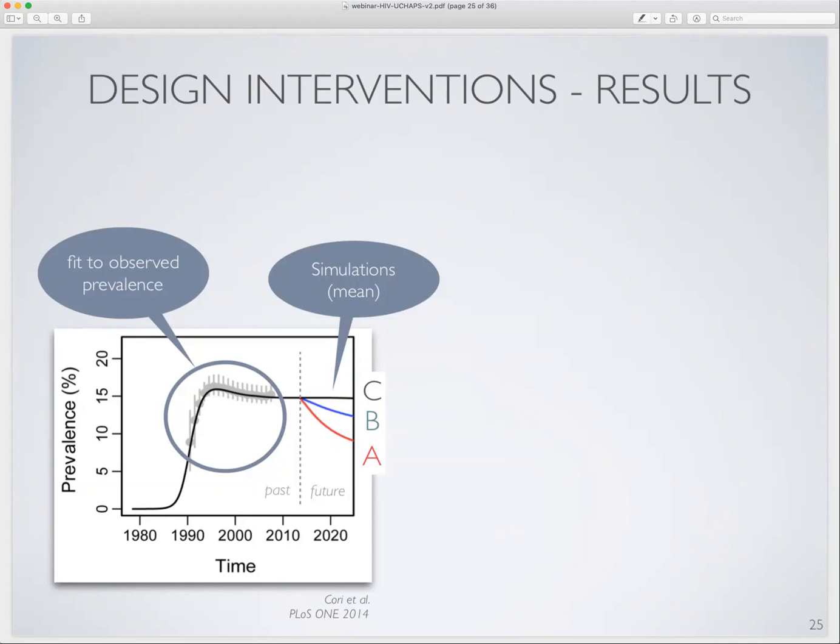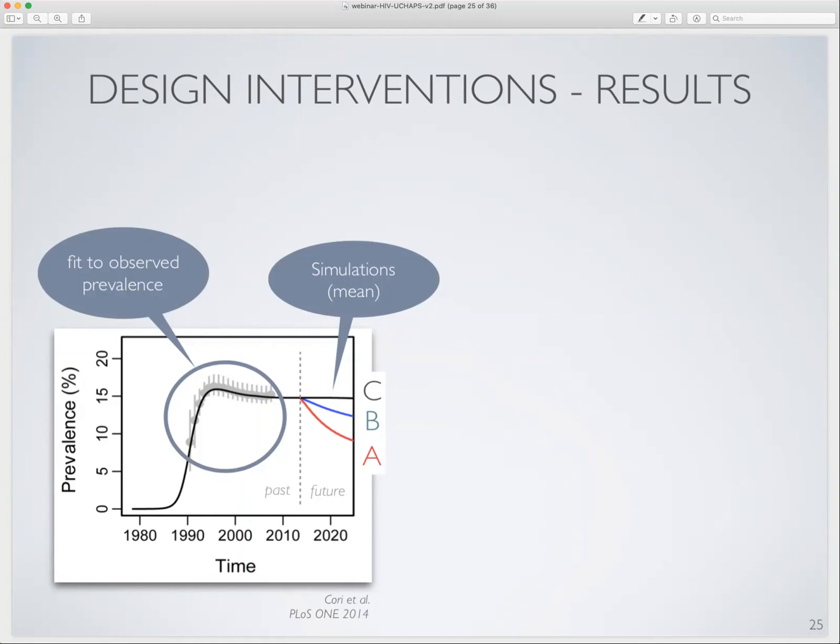So we can see that the black curve goes right through these gray points. So the model is fitted to observed prevalence. And what it means is that the model can replicate the past trajectory of the epidemic in the participant population.